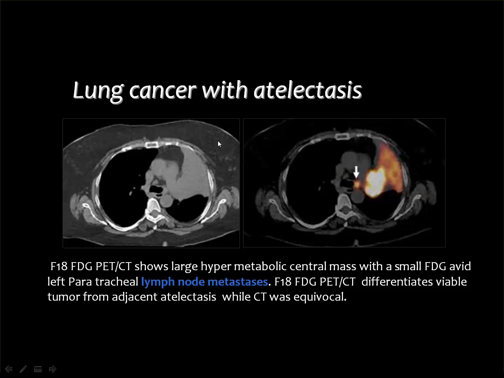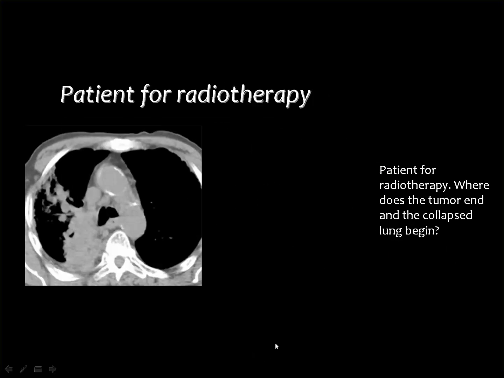One of the values of PET scan is to separate the tumor tissue from the related consolidation because of the different metabolic activity in both, and also to show some of the metastatic lymph nodes that cannot be seen in the CT component of the PET CT because of many factors. Number one, absence of contrast injection, and number two, respiratory misregistration, and this will affect the results of PET-CT in many cases.